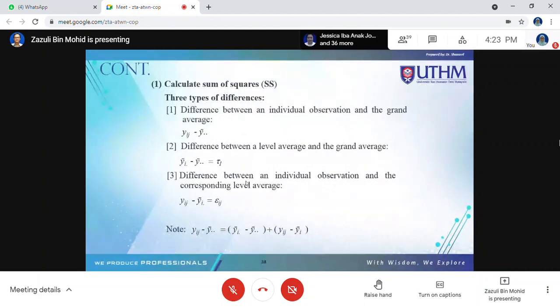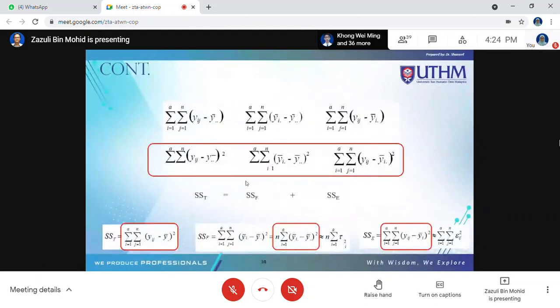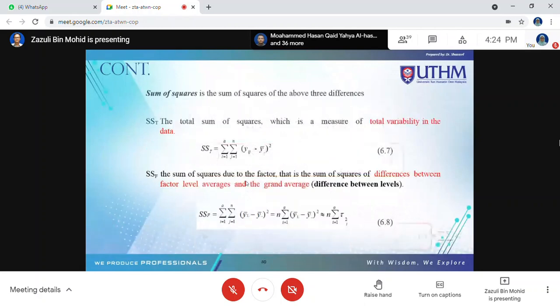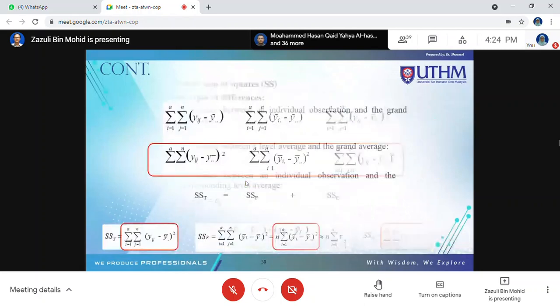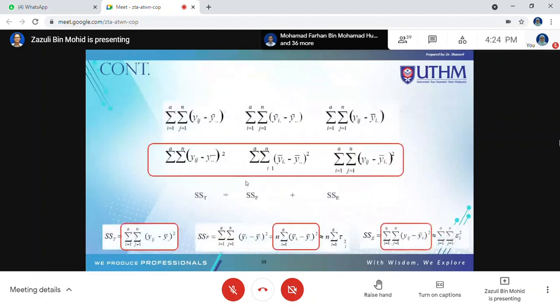This page shows the formula that you can use to calculate the sum of squares. But let's go directly to the next formula here, which explains in more detail how we are going to calculate SST, SSF, and SSE.